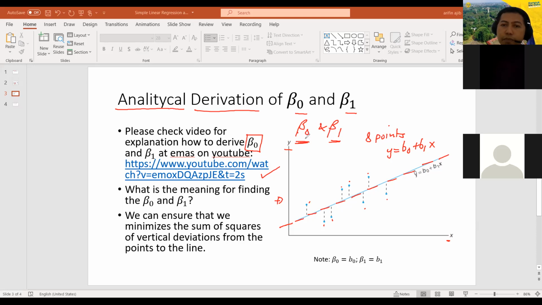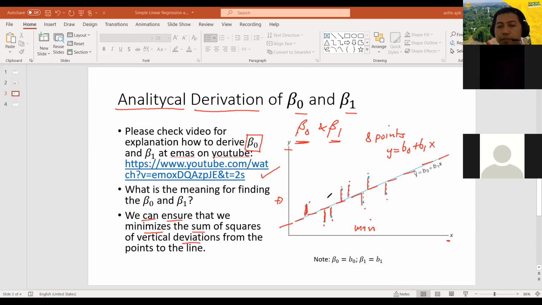By getting b0 and b1, we can ensure that we minimize the sum of squared vertical deviations from the points to the line. So we can ensure that if we sum up all these deviations, the result will be minimum.